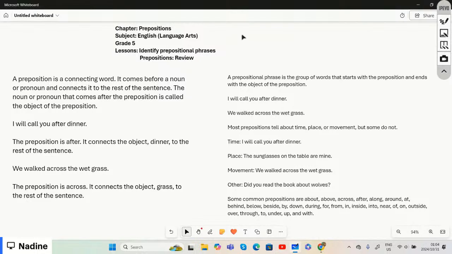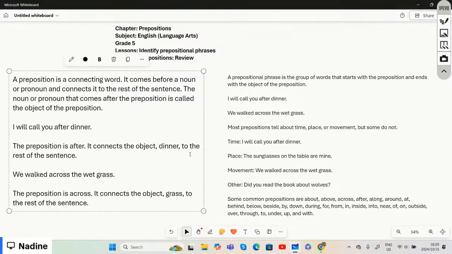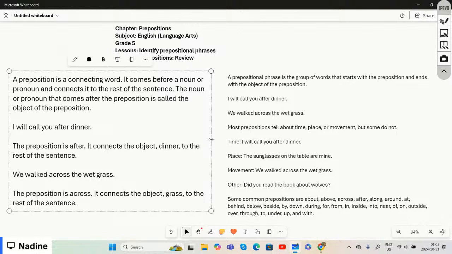All right. So when it comes to prepositions, this is a continuation of our previous lesson on prepositions. Today we're going to be identifying prepositional phrases.